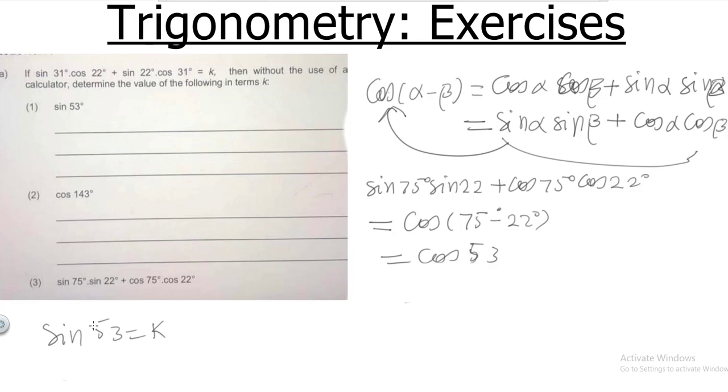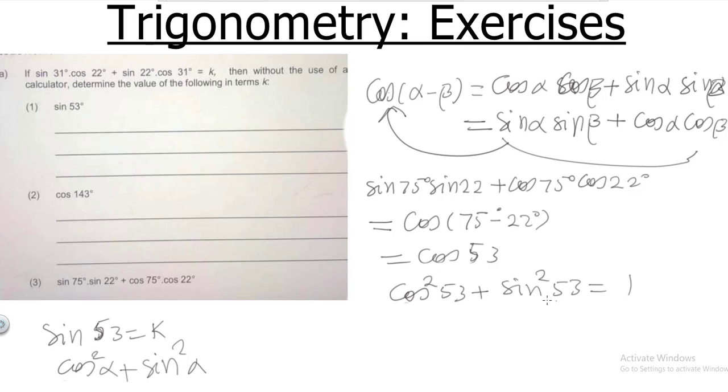If you have sine alpha and cos alpha, the formula that links these two is cos squared 53 plus sine squared 53 equal to 1. Remember, cos squared alpha plus sine squared alpha equals 1.